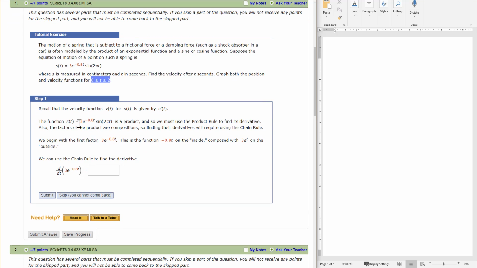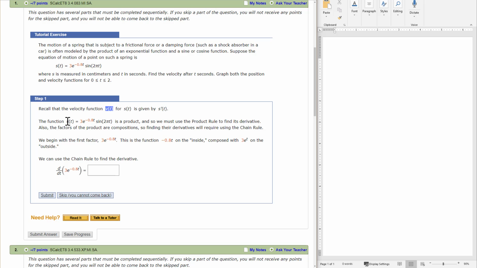All right, our first step. We want to remind ourselves that when we're looking for the velocity, we are looking for the first derivative. So the original function is s, and the first derivative is s prime of t, and that's what our velocity is going to be.